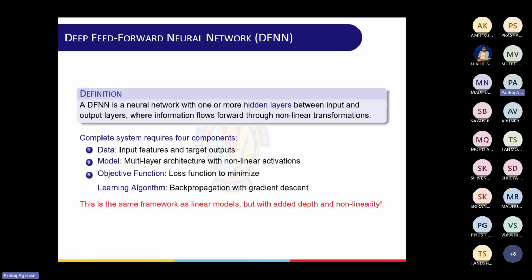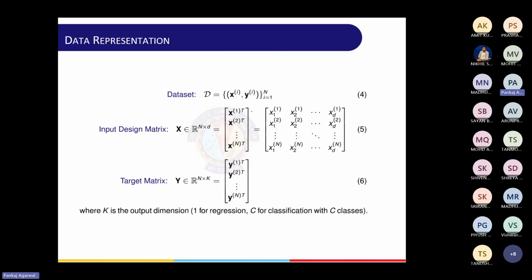I'll directly come to one of the most important networks that we all have to do very carefully, which is the deep feed forward neural network, where we would have multiple hidden layers and multiple inputs, right? Deep does not mean anything more than the use of multiple hidden layers.